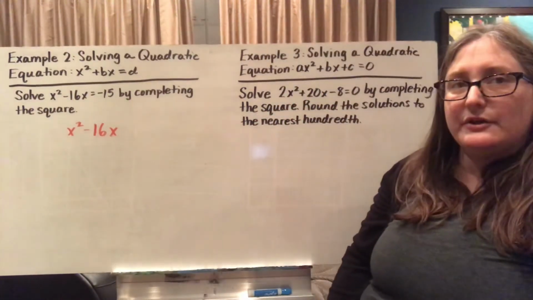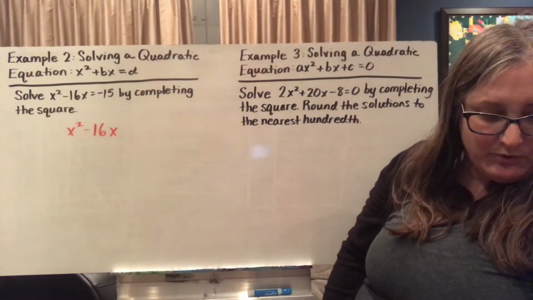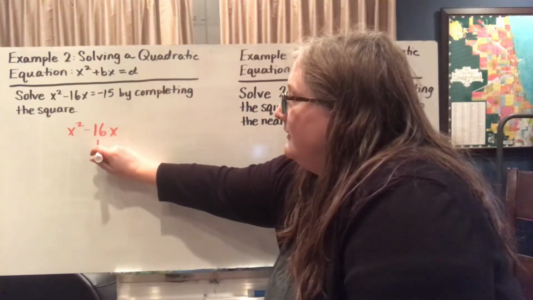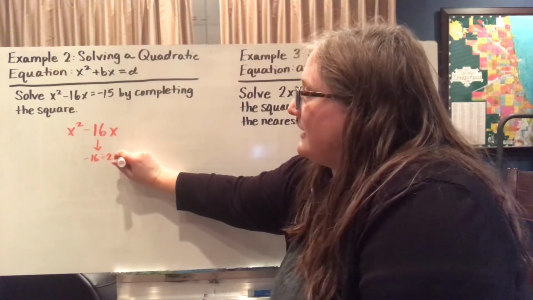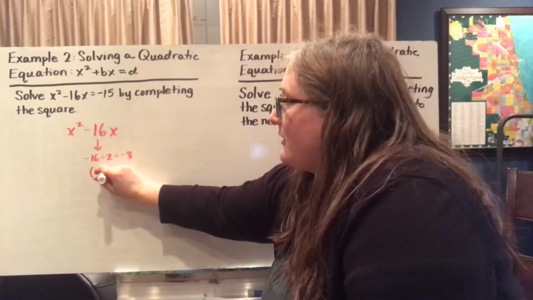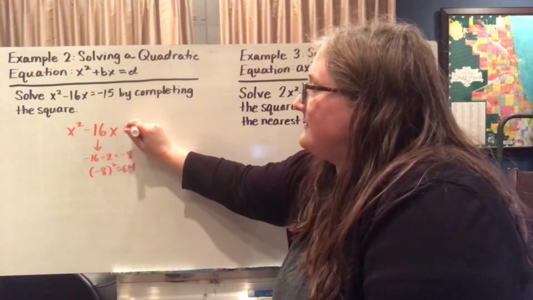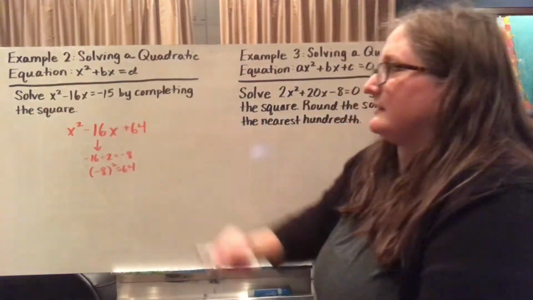I want to add a value onto that to make it a perfect square binomial. So in order to do this, I'm going to take half of my b value, which is -8, and then square it, and I get 64.